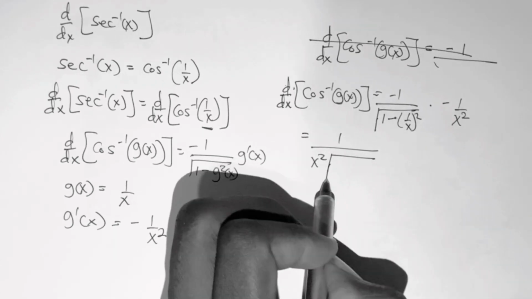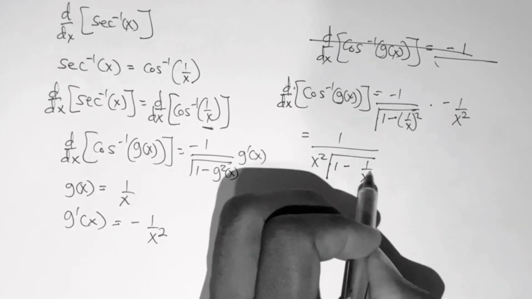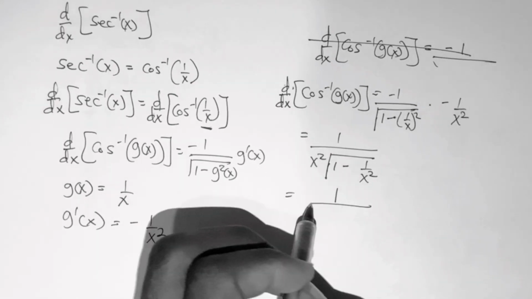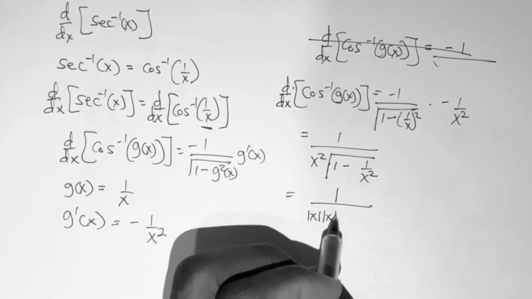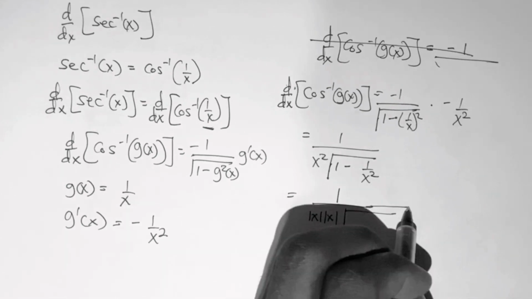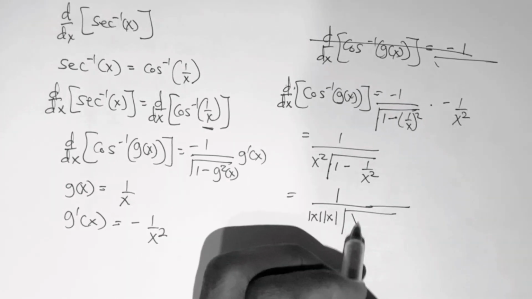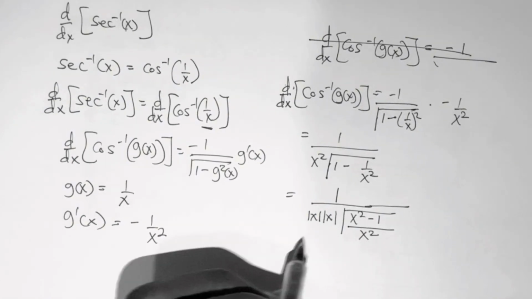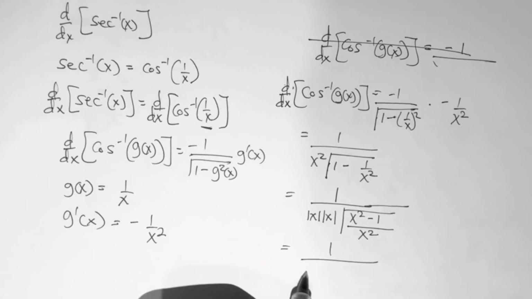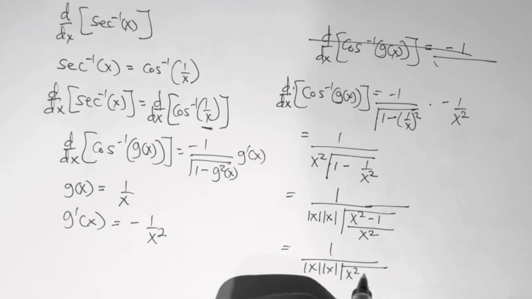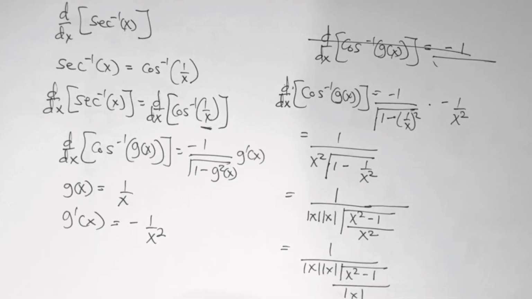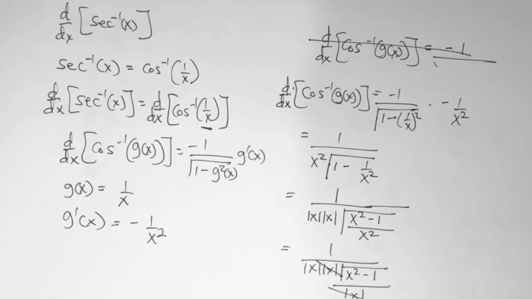times square root of 1 minus 1 over x squared, and this is equal to 1 divided by, now x squared can be written as absolute value of x times absolute value of x, then square root of, now this can also be written as x squared minus 1 divided by x squared, and this is equal to 1 divided by absolute value of x times absolute value of x, then square root of x squared minus 1 divided by absolute value of x, so that this absolute value of x can cancel this one, because if you find the square root of a number, you cannot get negative, so it has to always take on positive values.